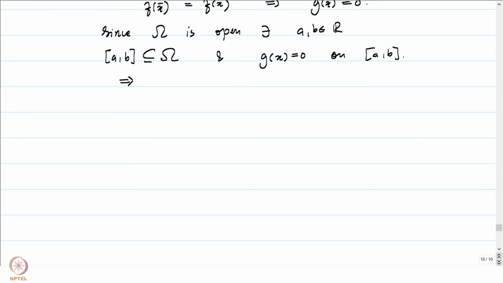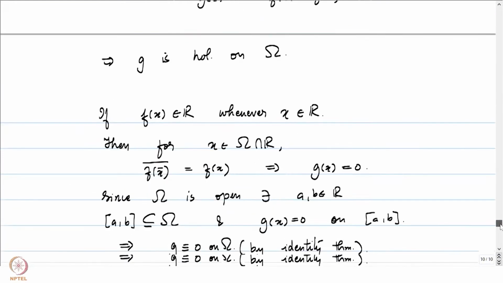And the identity theorem hence tells us that g is identically equal to 0 on omega. That is the rigidity of the holomorphic functions that we have, isn't it?